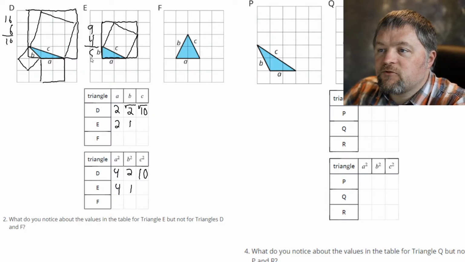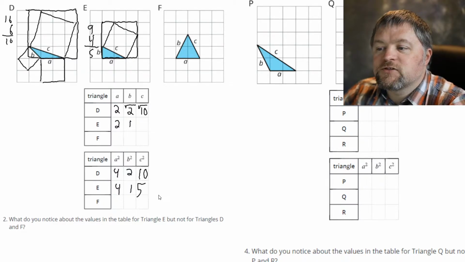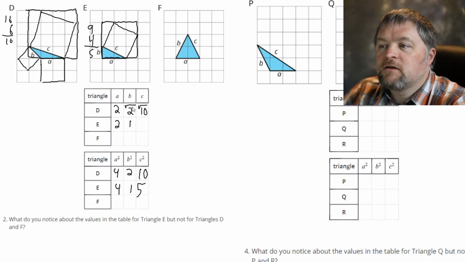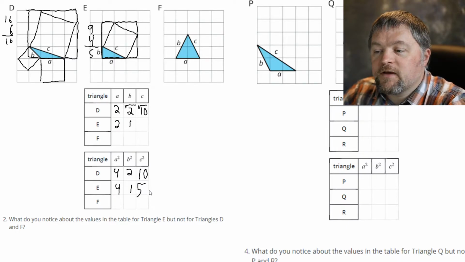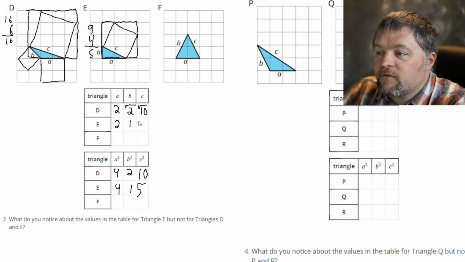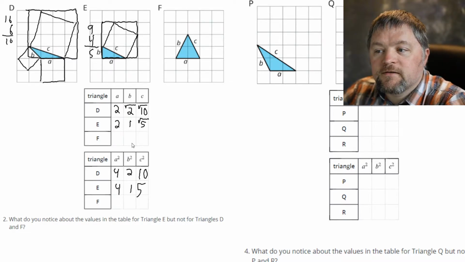Subtract those. 9 subtract 4 is 5. So the area of square C is 5 square units. Once we know the area of the square, to find the side length of the square, we take the square root of it. The square root of 5 is not a rational number, so that side length is the square root of 5 units.